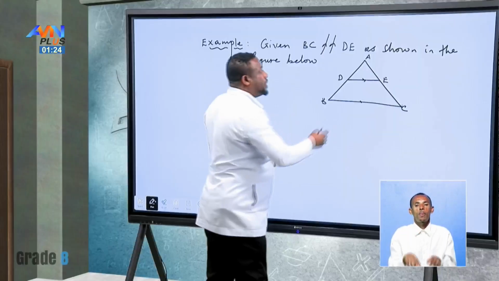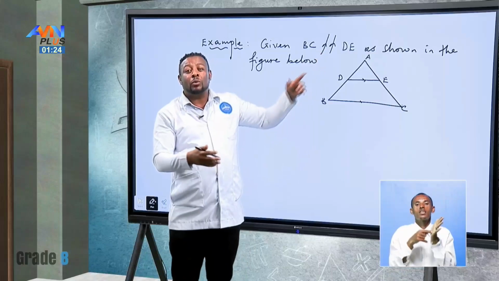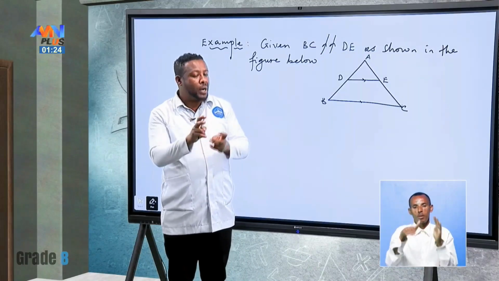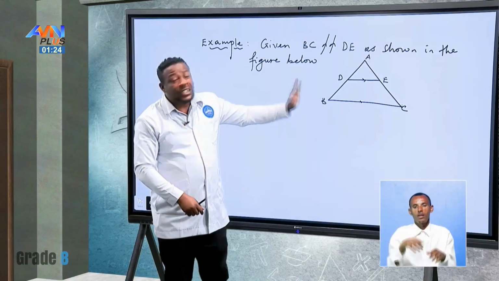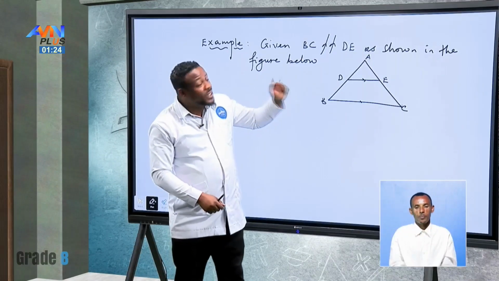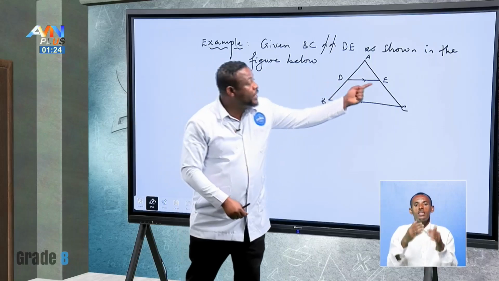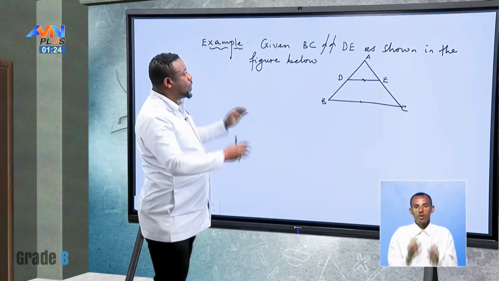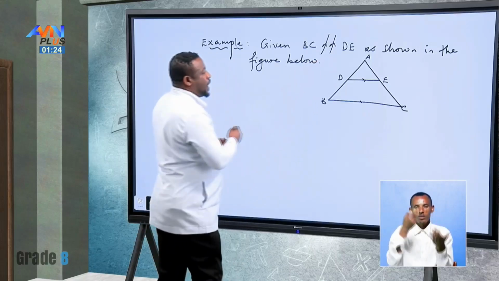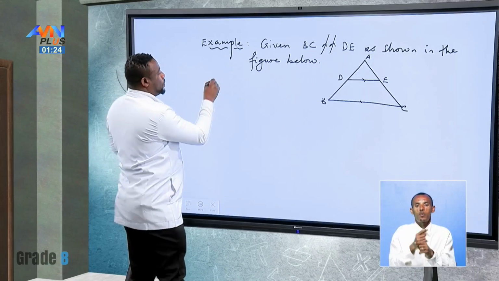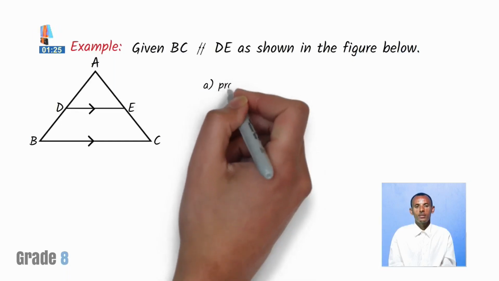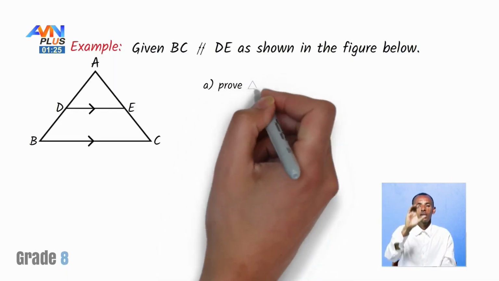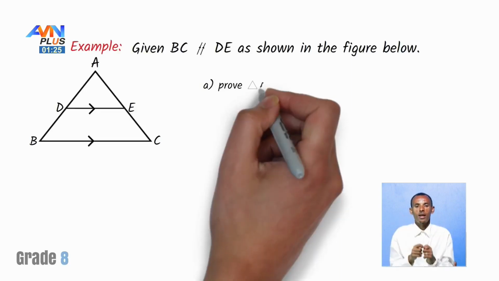Okay, students, this symbol is what most mathematicians use to represent parallel lines, right? So in this figure, what is given is that the side DE is parallel to BC, right? Based on this, prove that triangle ABC is similar to triangle ADE.